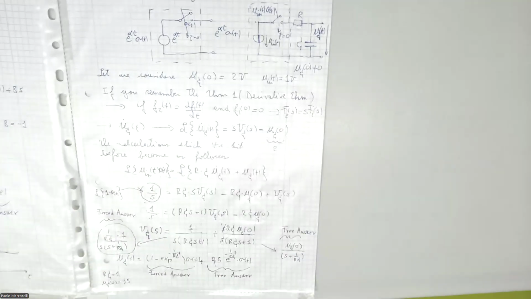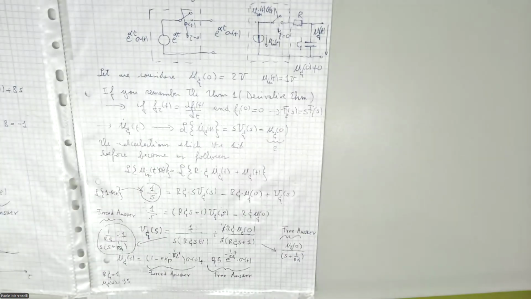I would like to go a little bit in depth today on the concept of 0 plus and 0 minus. Do you remember I told you last time? I don't know if Benedict or Felix told you about 0 plus, 0 minus. 0 plus, 0 minus is an important concept in control because what happens at time 0 is something difficult.